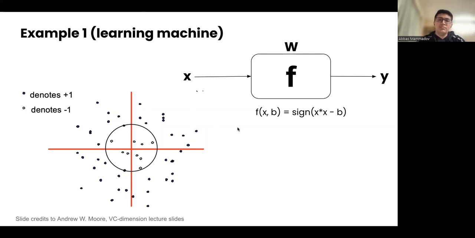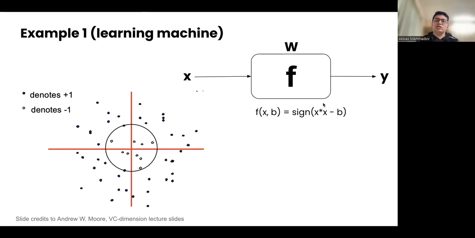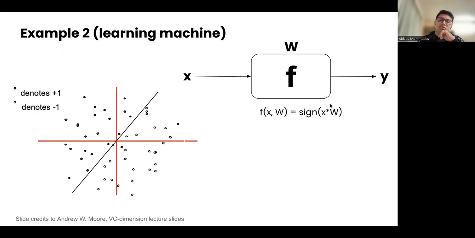And another example of a learning machine is this case. Let's say we have some weight and we are just multiplying x by w, and here w is just a vector with two dimensions again. By the way, in the first example, this b is just a scalar value because x dot product x is just some scalar value, and we are just subtracting b. Here, we have two learnable parameters.